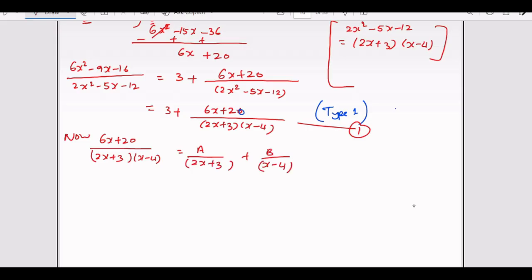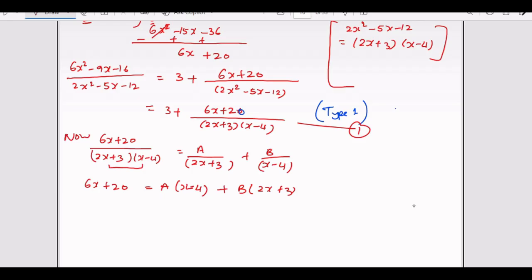So we will multiply this to get the values of A and B on the right hand side. So this is going to become A into x minus 4 plus B into 2x plus 3. So this is minus here.